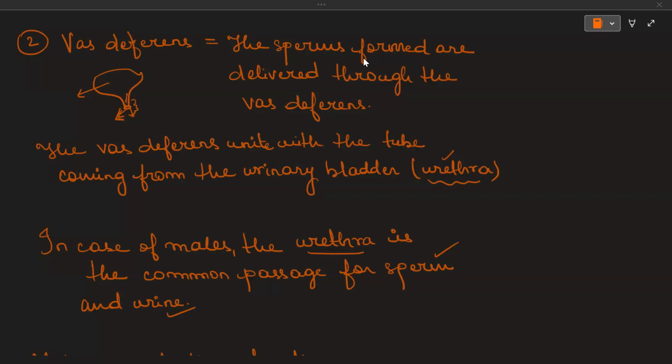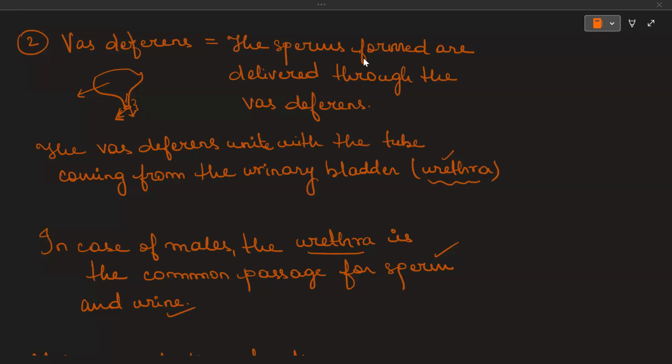And what about the gametes? Gametes are haploid or diploid? Diploid, ma'am. Haploid or diploid? Ma'am, I guess diploid only. Oh my God.